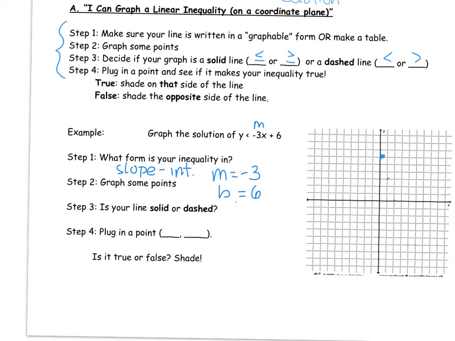Is your line solid or dashed? You see this little indicator right here. That would mean it would be a dashed line. So instead of making a line, we're going to make little dashes. Those were terrible, I want to get rid of those.